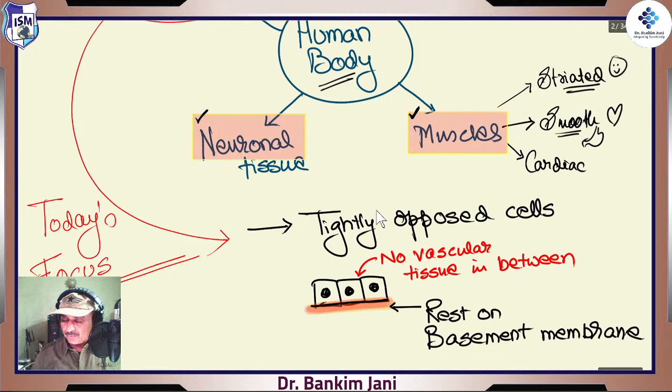But we said we drew the heart over here. Then what about cardiac? Well, actually, the heart is also not under our control in every way, but this is a very special function. What special function?